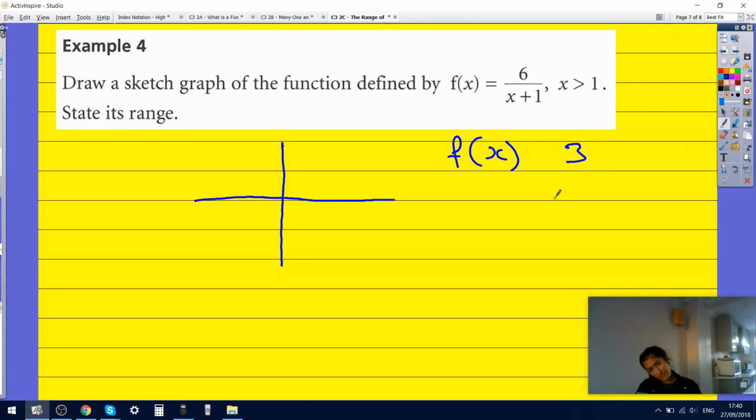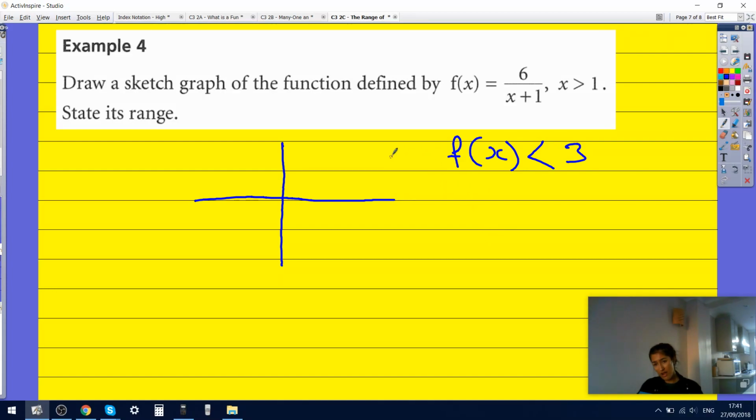What would you say about the f of x? Okay, so what I'd say is it's less than 3.